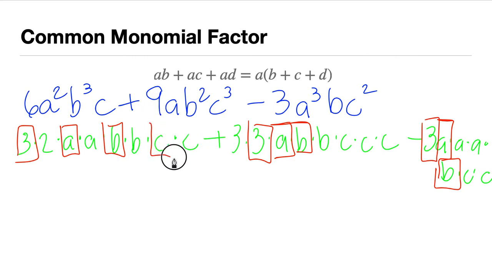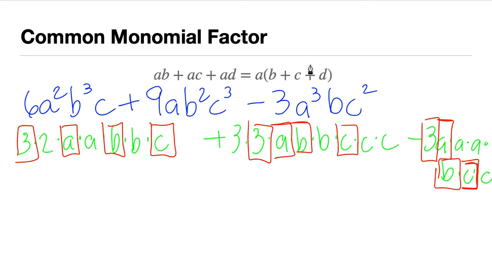So we have c here. I think I miswrote it. There's only one c in the first term, sorry. C, and then c here, and then c here. And that will be it because we have only one c here.